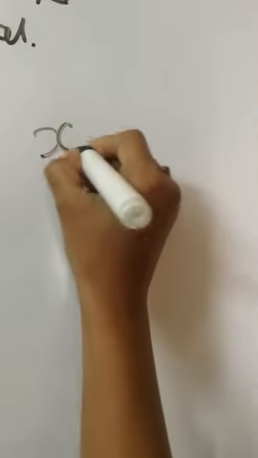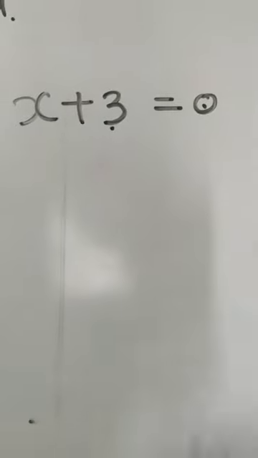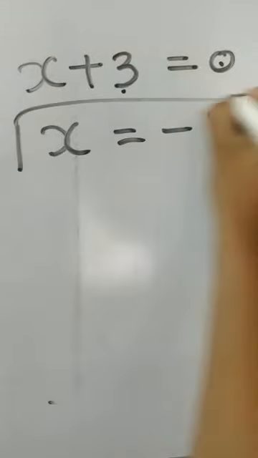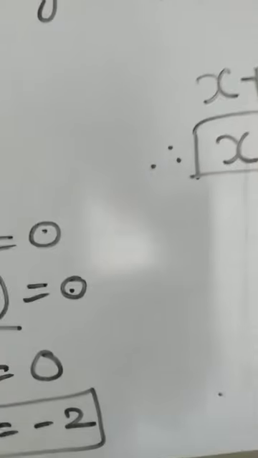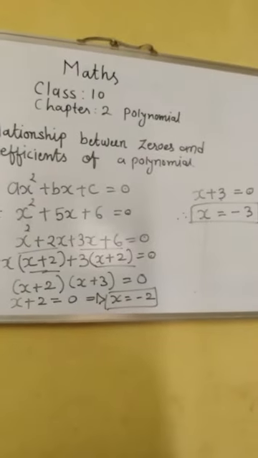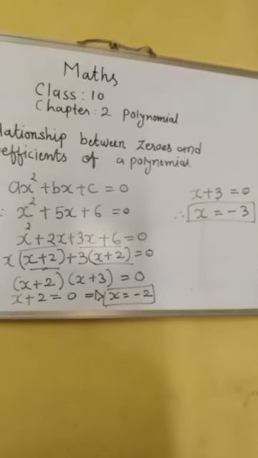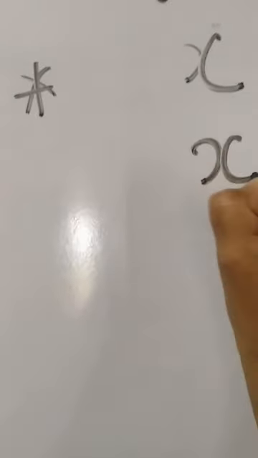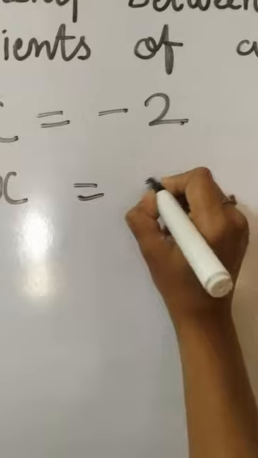And here again, when we are comparing another bracket, which is x plus 3 equals to 0, we are getting another 0 as minus 3. So that was the topic, that when quadratic formula is there, we are getting two zeros for it. So here we got two zeros. One is x equals to minus 2 and another is x equals to minus 3.